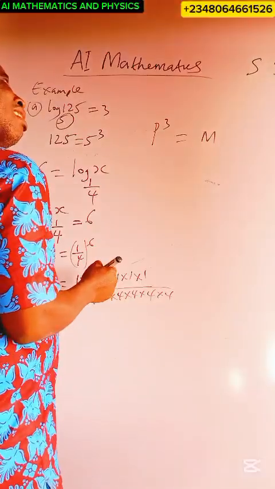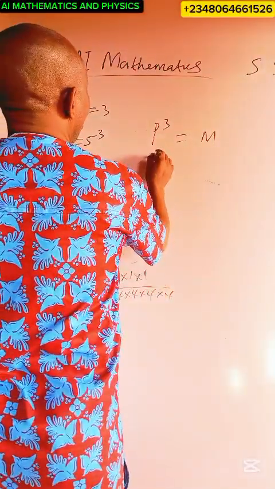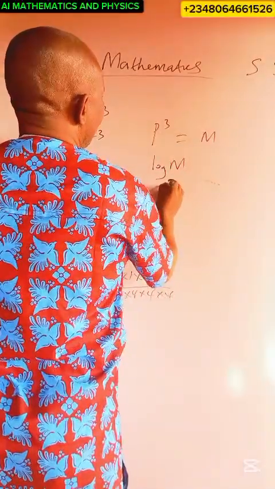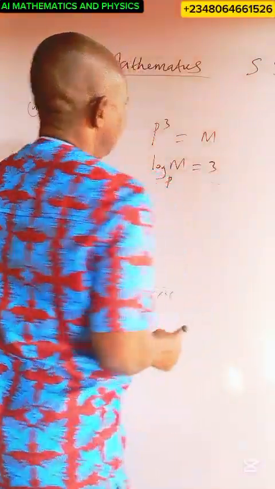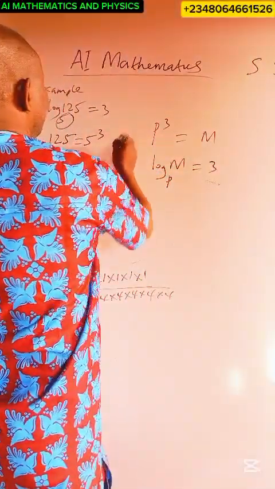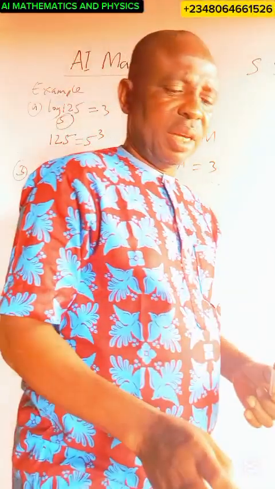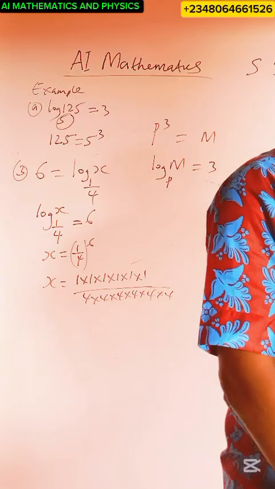This is an index form, and how can we convert that? That will be log m base p equal to 3. So that's a little example on the first row.